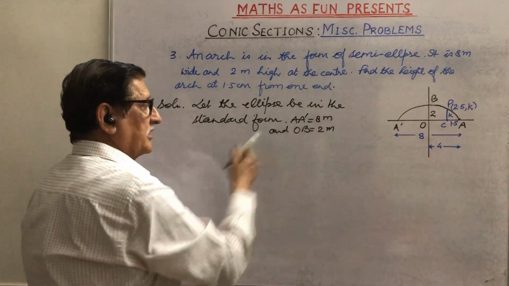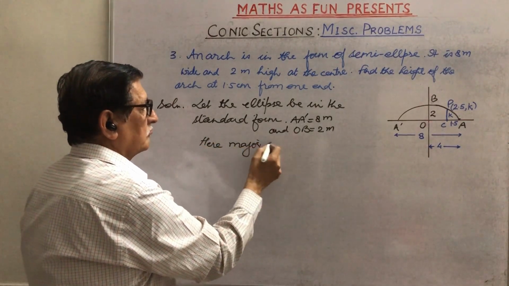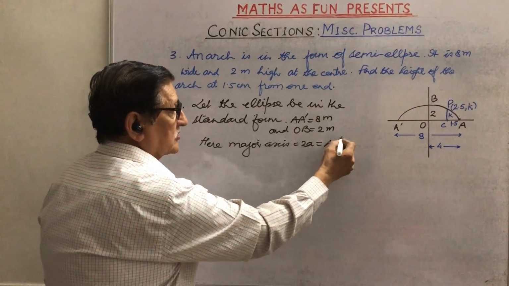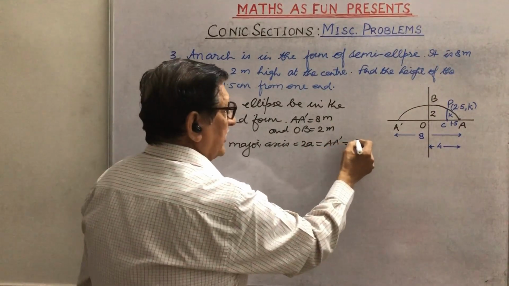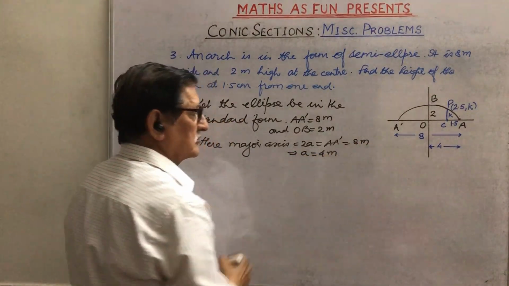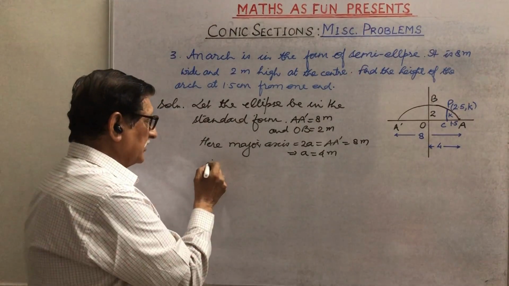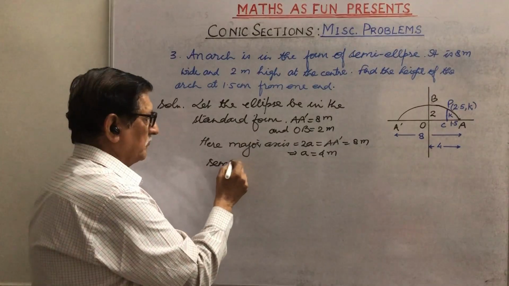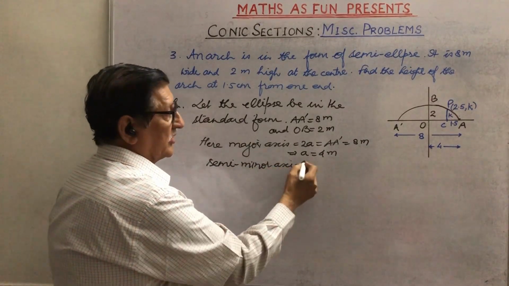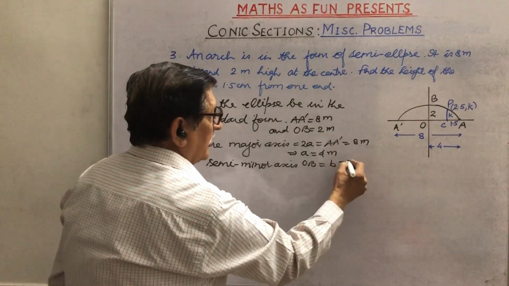And what is the major axis? Here, major axis, that is equal to 2a is equal to A dash, and that is 8 meters. Can we say then a will be 4 meters or not? The semi-minor axis, that is OB, and that is equal to b, we know, is given here as 2 meters.